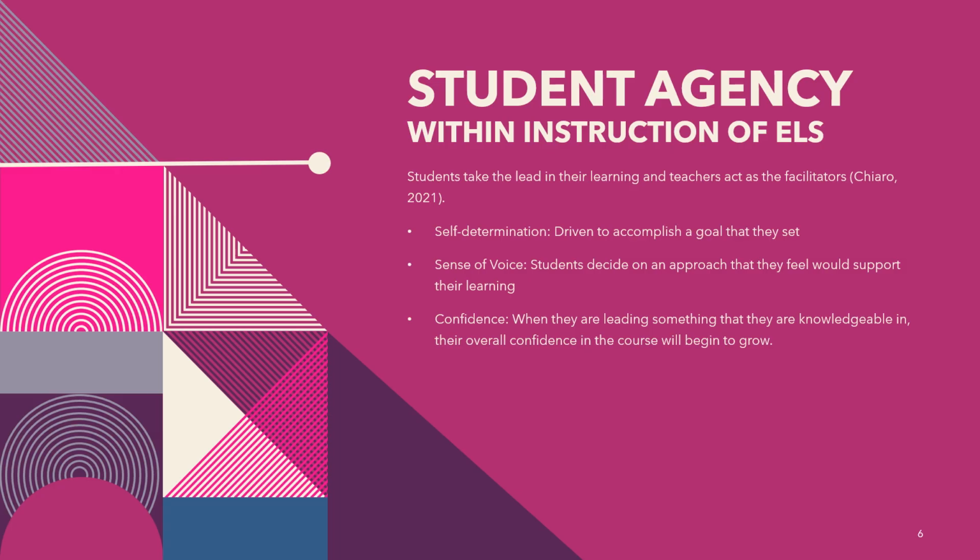Our English language learners become more driven to accomplish a goal because they're going to set that goal. We'll sit down with them and decide with them what their goal is, not only for their English learning, but also for their content learning. What is their ultimate goal within the class?